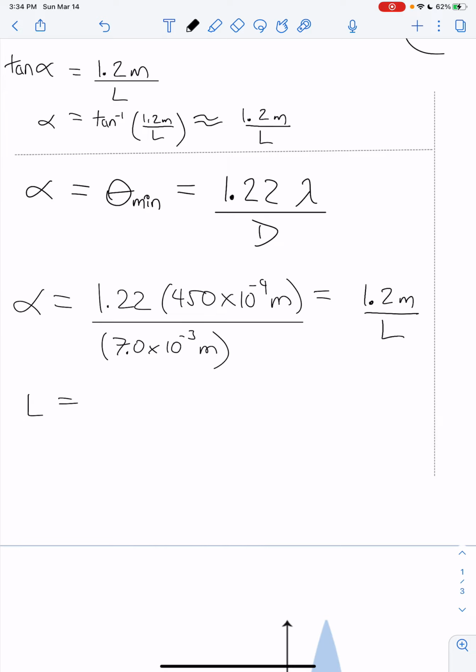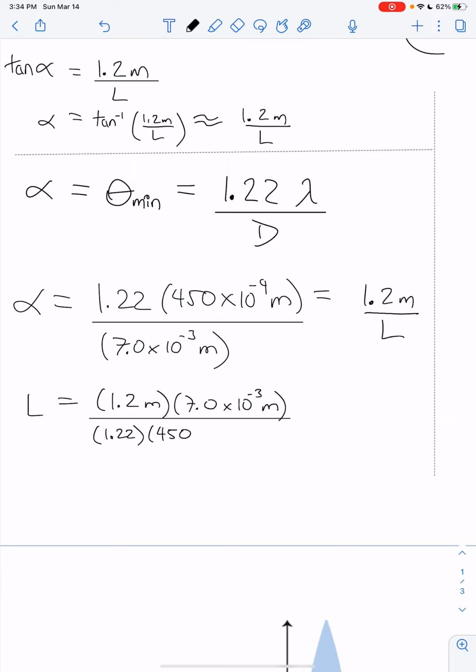We bring the L over to the other side, so L is equal to 1.2 meters times our 7.0 times 10 to the negative 3 meters, divided by 1.22 times our 450 nanometers.